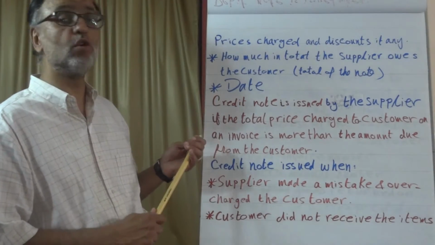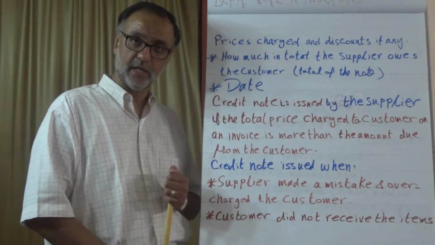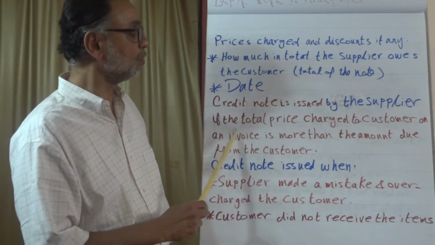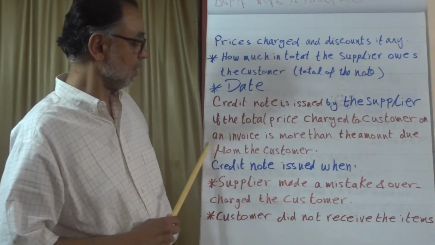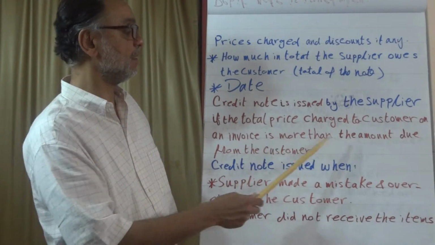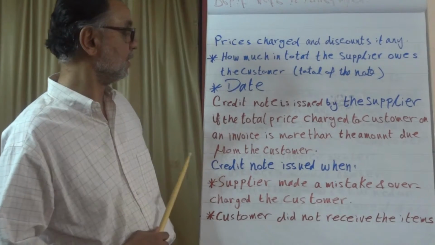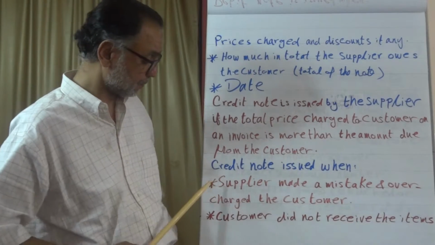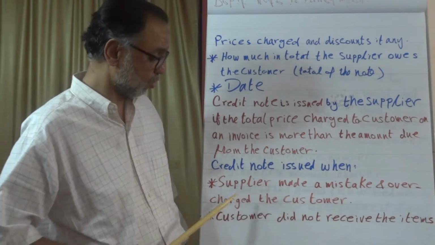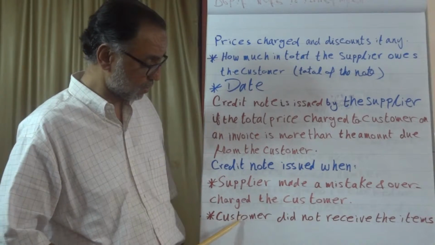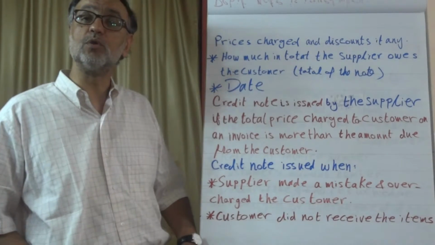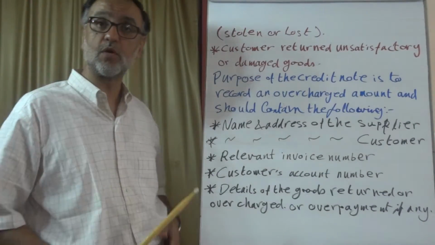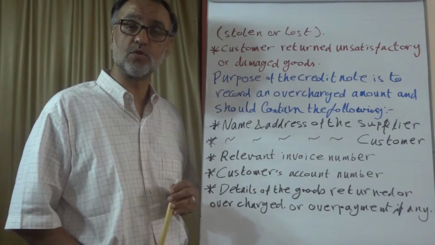Then the credit note will be issued by the supplier if the debit note is approved. So it will be used when the total price charged to the customer on an invoice is more than the amount due from the customer. Credit note is issued when supplier made a mistake and overcharged the customer, or the customer didn't receive the items because they were stolen or lost, or they were not satisfactory for the customer because they were damaged.